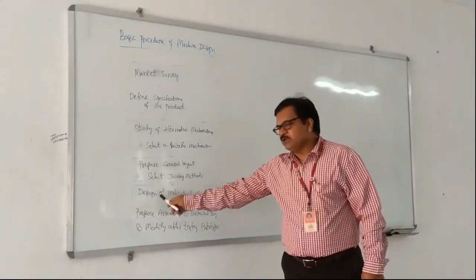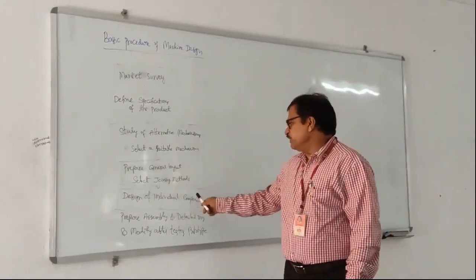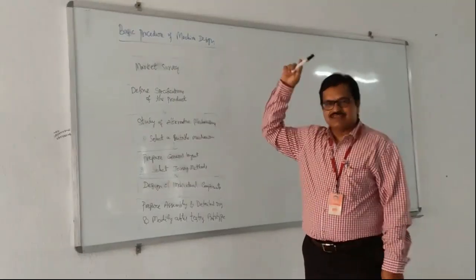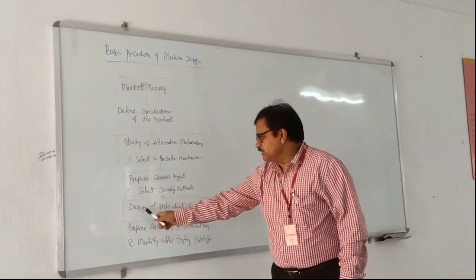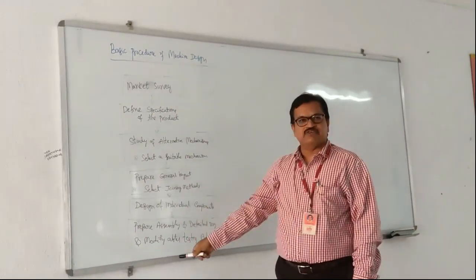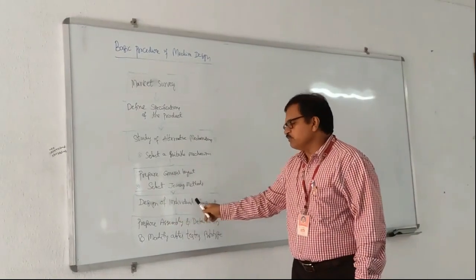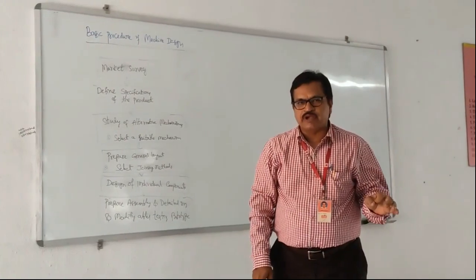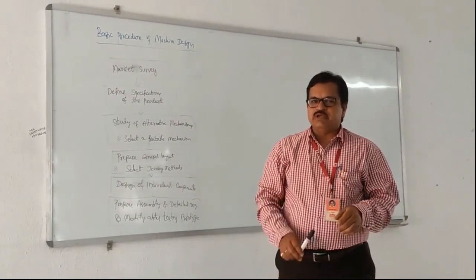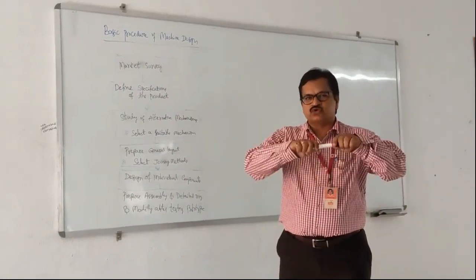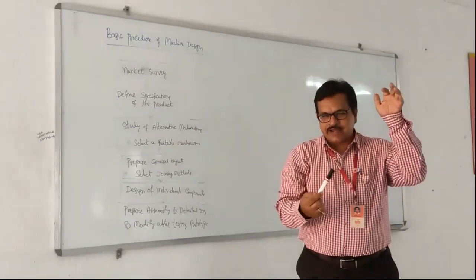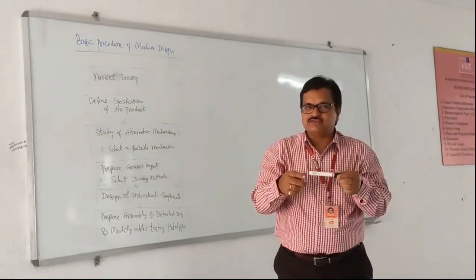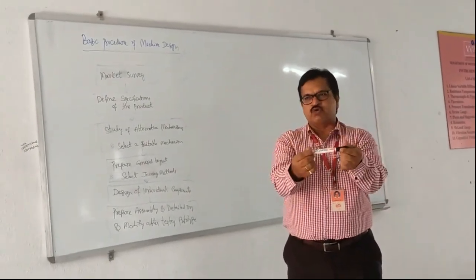Next, a very important thing, design of individual components. Design of machine members is the subject title, and this part of the process of machine design is design of individual components. We are going to design each individual component. That component may be a bar which is subjected to an axial pull or an axial push, or subjected to a transverse load, and it is supported at one end or at both ends.